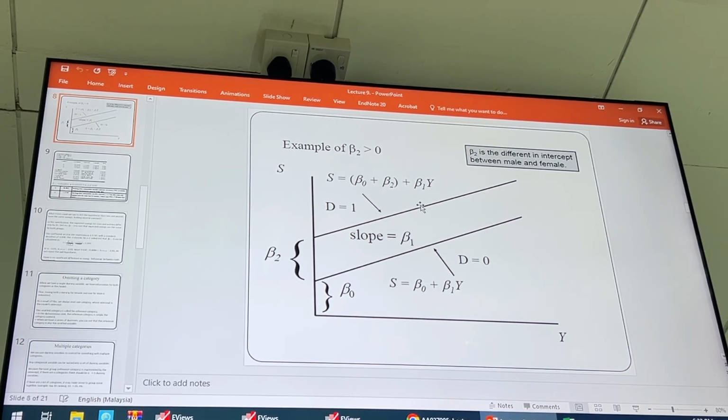Reference means that we compare the other category to this one. So as compared to male, female has an additional part of the intercept equal to beta 2. This is our male reference category, so we just include the variable for female.